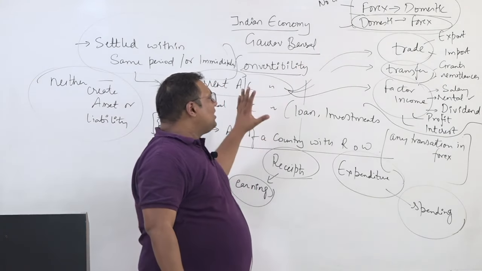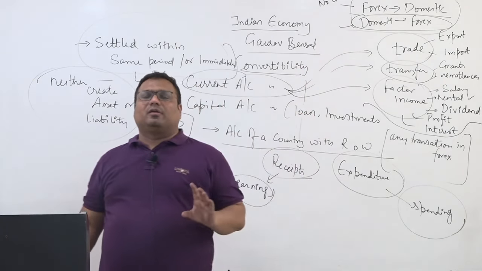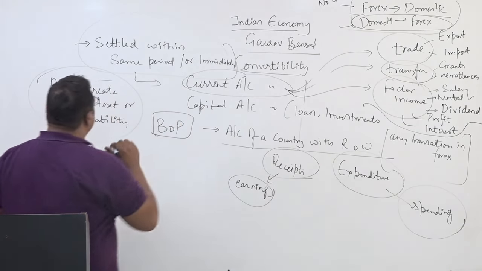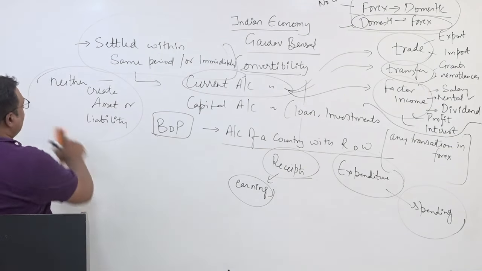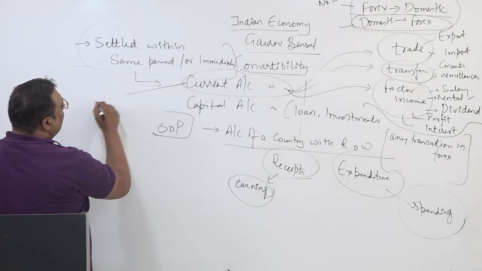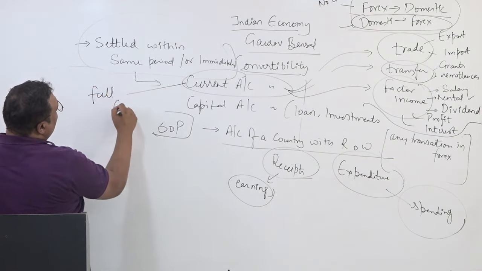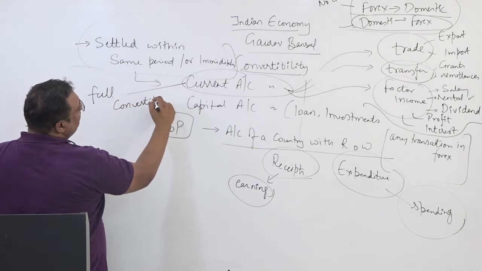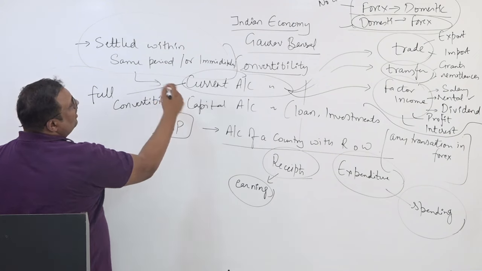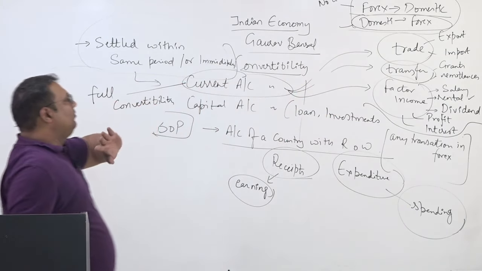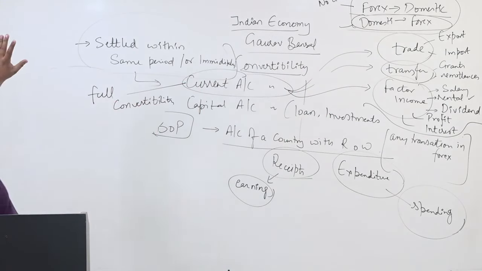And for current account, even those limits are not there for practical purposes. That is why we say we have full convertibility in current account. We have full convertibility in current account, means you can freely exchange forex to domestic currency and domestic currency to forex. There is no problem with that.